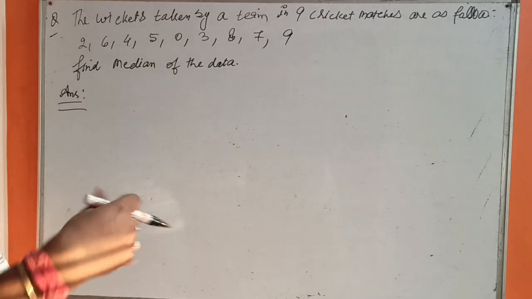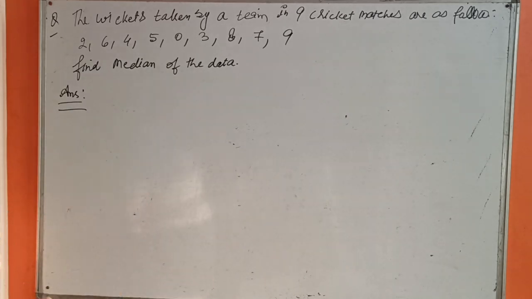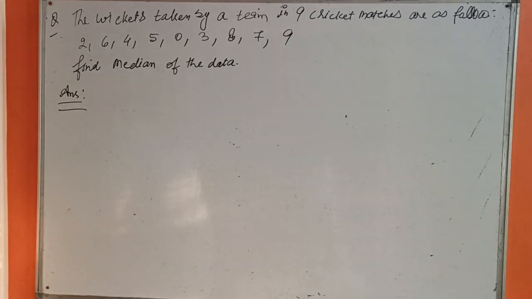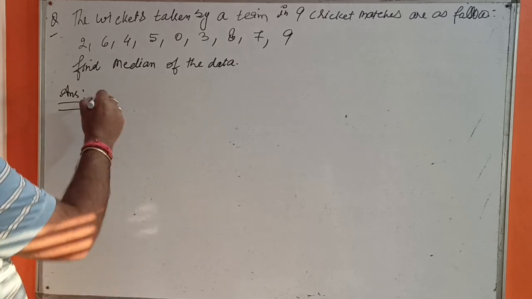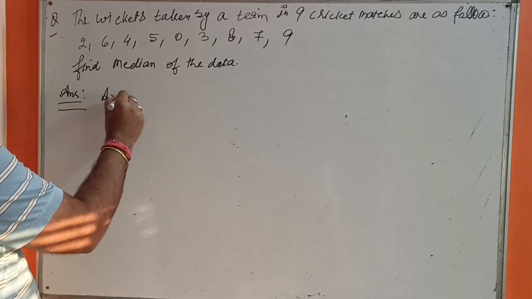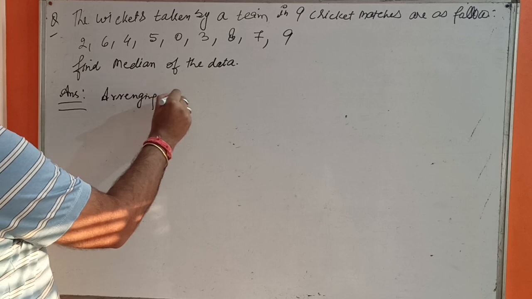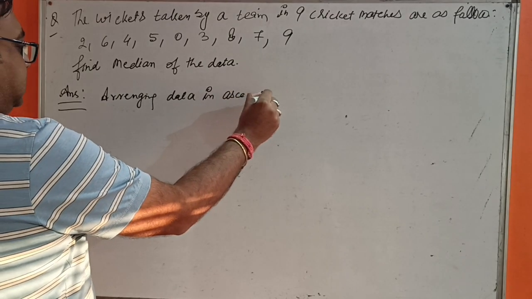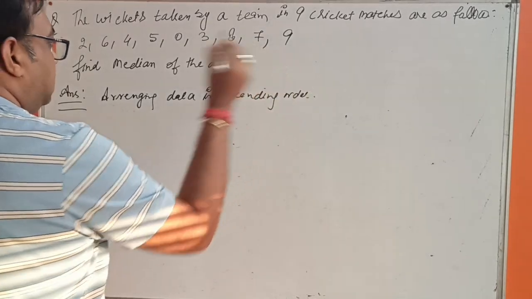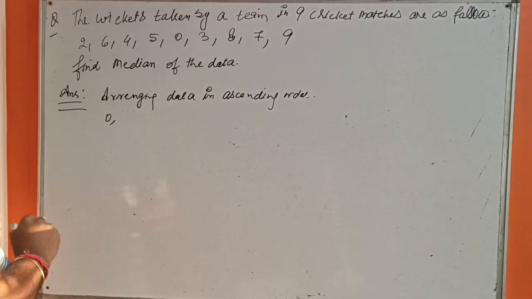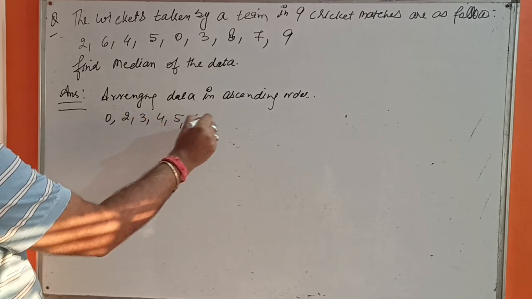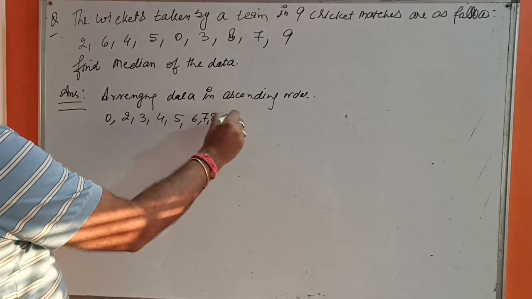For finding the median, we have to arrange the data in ascending order. So the smallest number is 0, then 2, 3, 4, 5, 6, 7, 8 and 9.